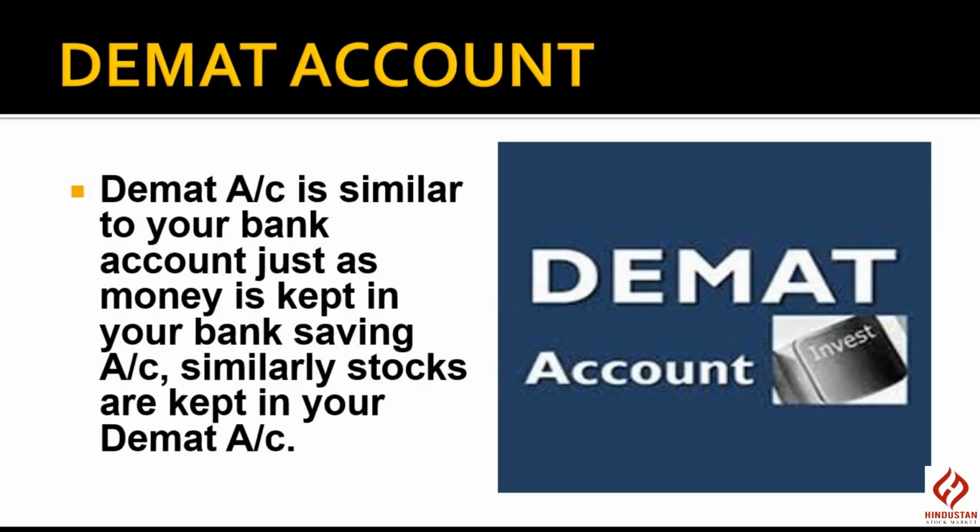That is, when you bought stocks, you would get stock certificates. But nowadays, everything is in dematerialized form, that is, in electronic form. So whenever you buy a stock, the shares get credited to your demat account, and whenever you sell an existing stock, the stock gets debited from your demat account.